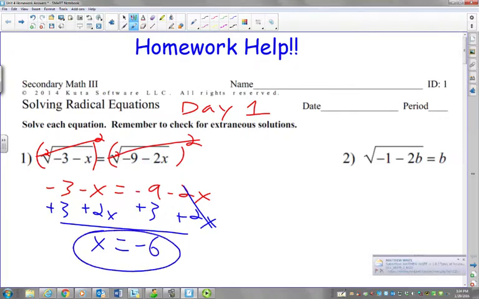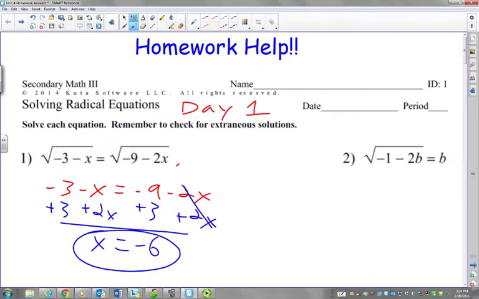Then we want to plug it back into the original equation to see if it works. So I'm going to erase those squarings and plug in a negative 6 for each x. You have to be careful there because there are a lot of negatives and multiplication going on.